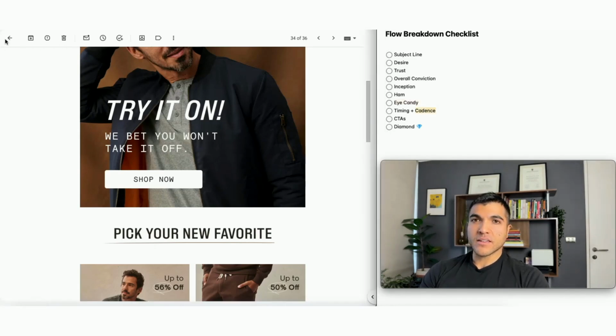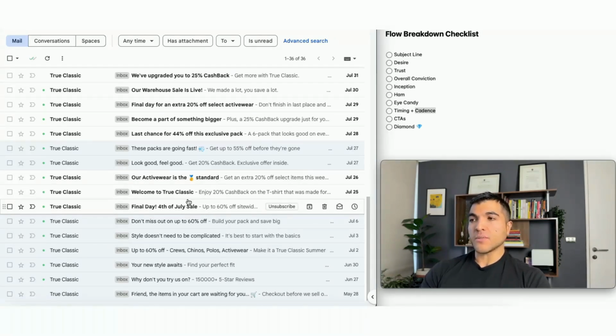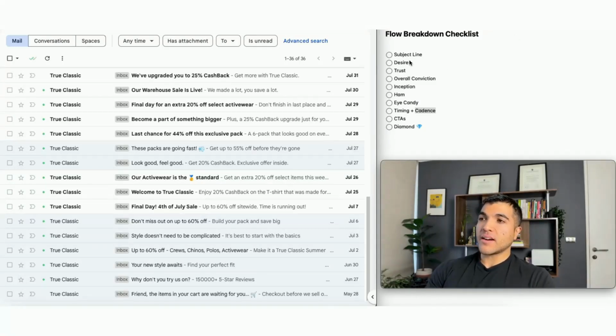Timing plus cadence, 3 emails in the process abandonment sequence, which is kind of fine. Again, because of the volume they have, they could afford to have 6 emails, 8 emails even on this sequence, and all performing very well, providing they are covering all of these items.